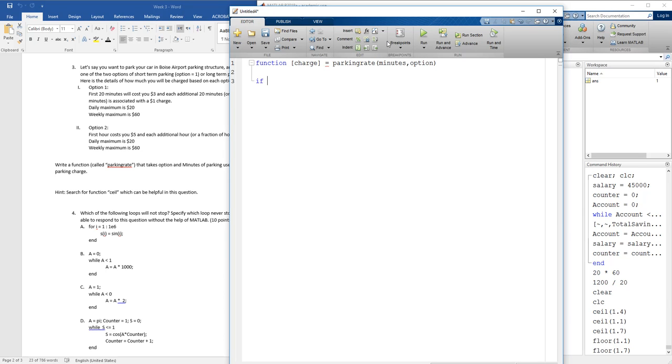If option is 1, we have one set of situations. Else if option is equal to 2, see, they have 2 equal signs because we are comparing. Then we have another set of situations.